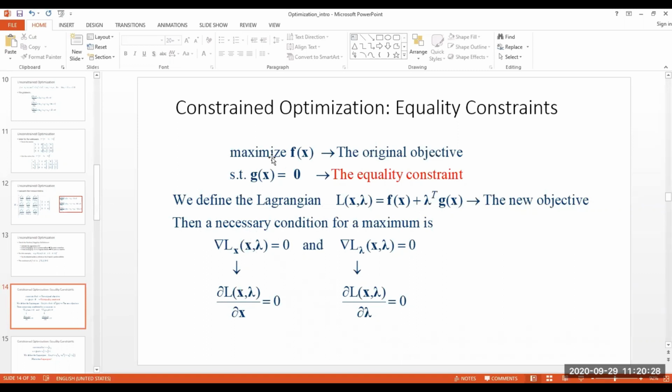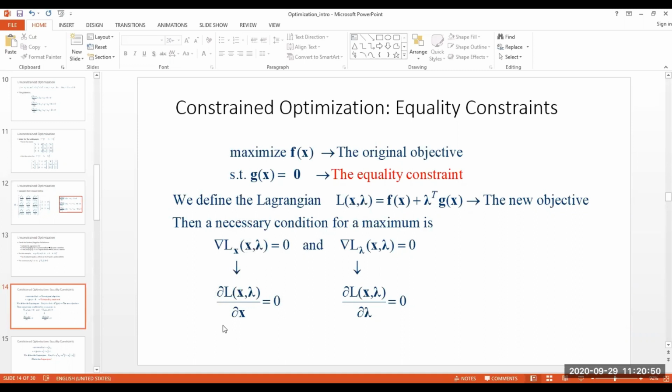Now let's say if it is a maximization problem, then what is the necessary condition for a maxima? Because we have two variables, x could be a vector and lambda could also be a vector, you have to go for the partial derivatives, because you could have x1, x2, x3, lambda 1, lambda 2, lambda 3, and so on.